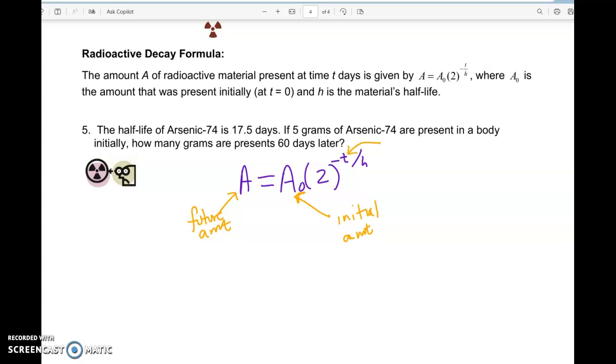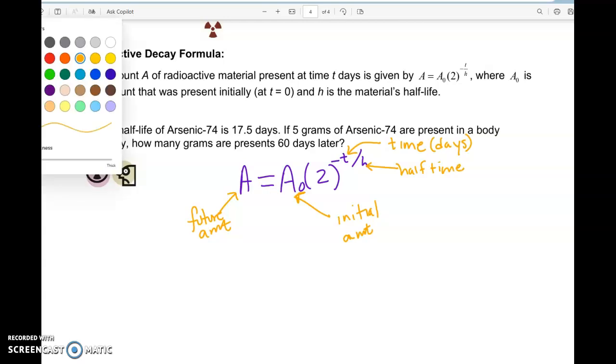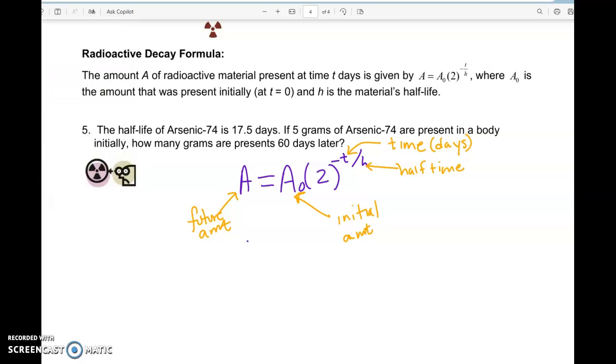And then we've got lowercase t here. This is the time, and that's in days. And then we have a H here, and that H stands for half-life. So now we know all the pieces of this equation. So I'm going to use that information now to help me solve.